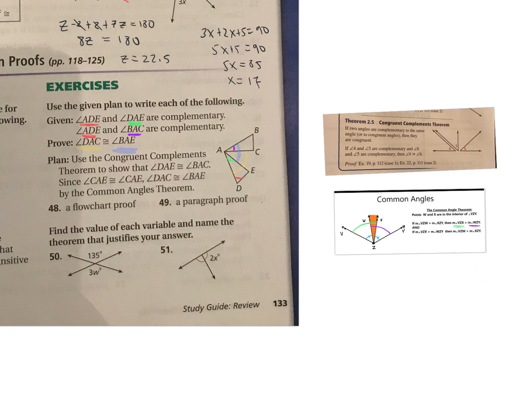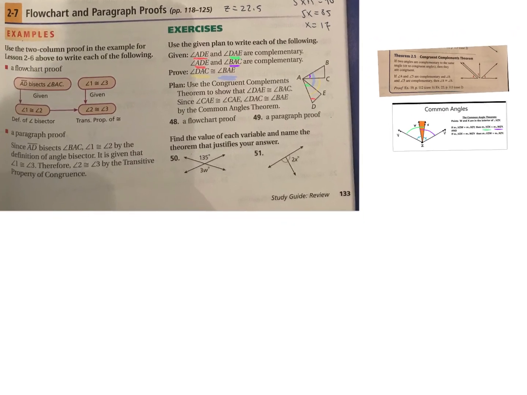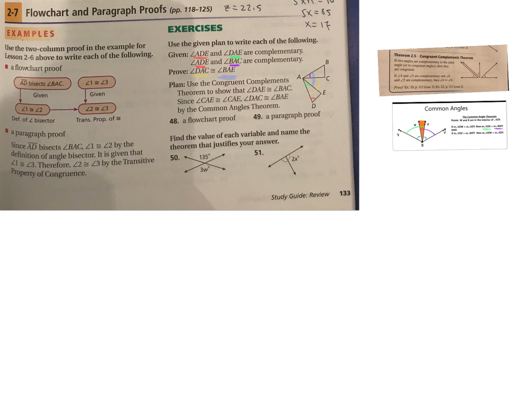So let's dive in. Use the congruent complements theorem to show that DAE is congruent to BAC. All right, so that's going to be the first thing. Now, if we're going to do a flowchart proof, we want to immediately start writing the givens down, okay? So the givens are angle ADE and angle DAE complementary.